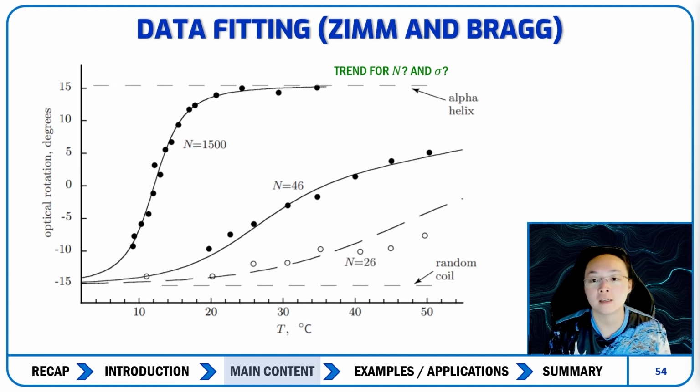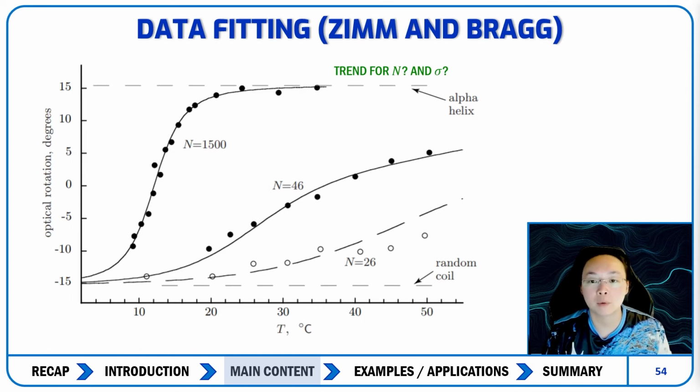It means that a larger polypeptide chain is going to be more sensitive to changes in temperature. A slight change in temperature is going to cause a greater transition from coil to helix state. Whereas if you have a shorter polypeptide, a larger temperature will be required for that transition to occur, and it will take a lot longer as well. It may not even reach it, depending on what temperature you have.